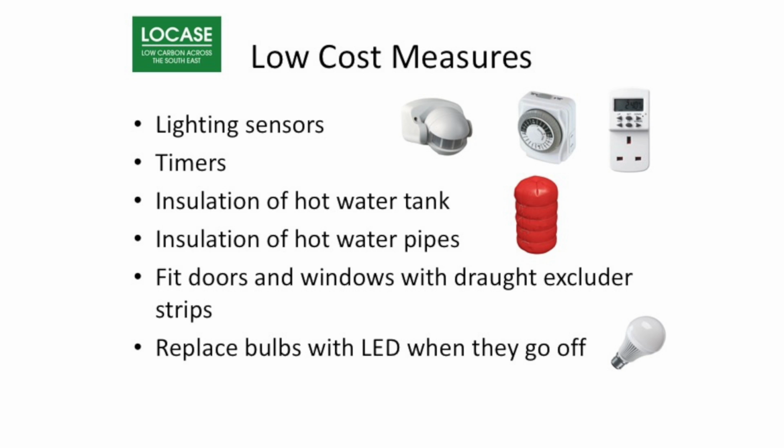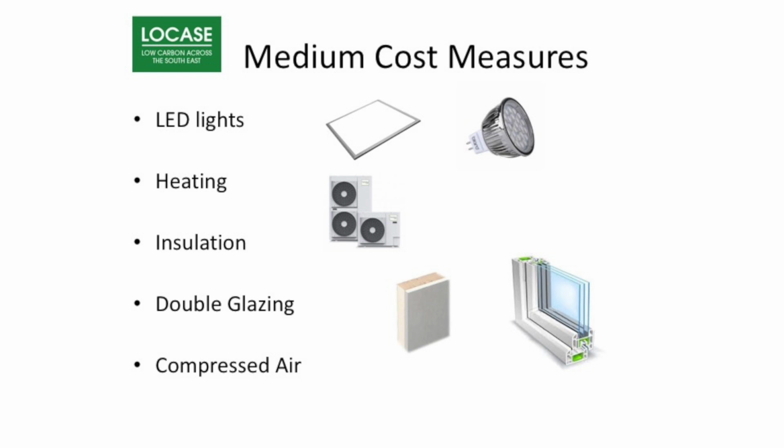Moving to the next slide, it's about medium cost measures. The first one is LED lights. With LED lights, you can see instant savings with short payback times. The payback is from 2 to 5 years, depending on current lighting and the replacement.